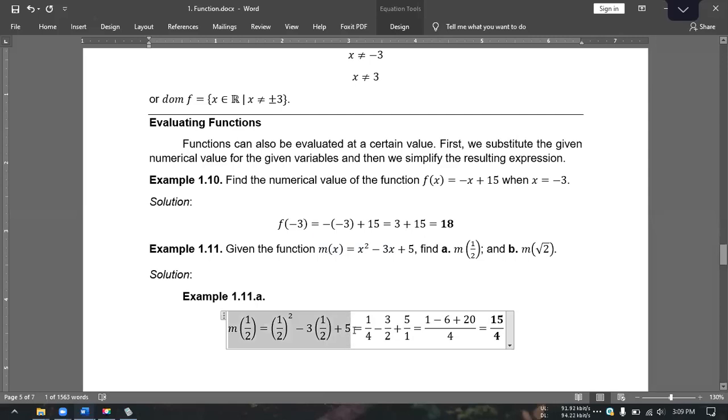Now, the squaring of a fraction is equivalent to the square of the numerator over the square of the denominator. I repeat, squaring a fraction is squaring the numerator over the square of the denominator.